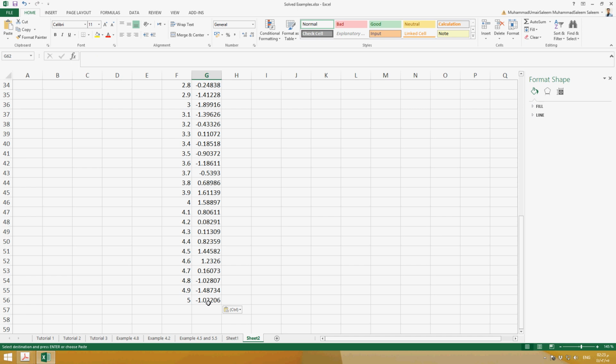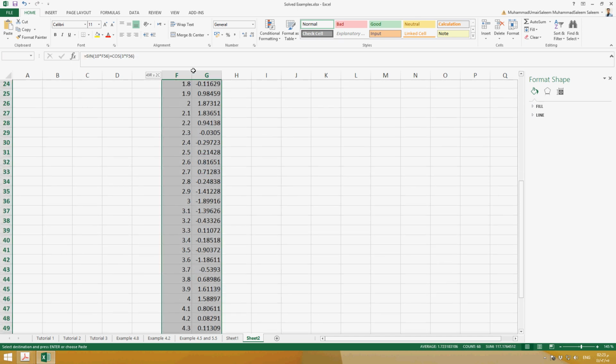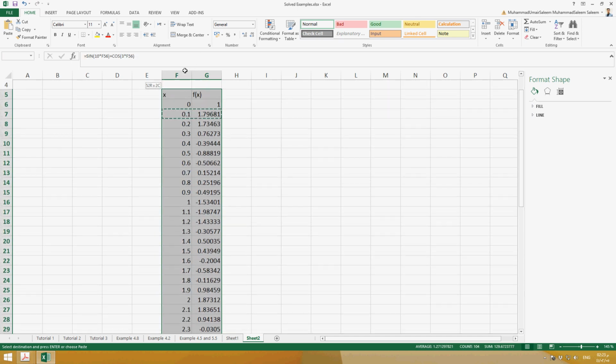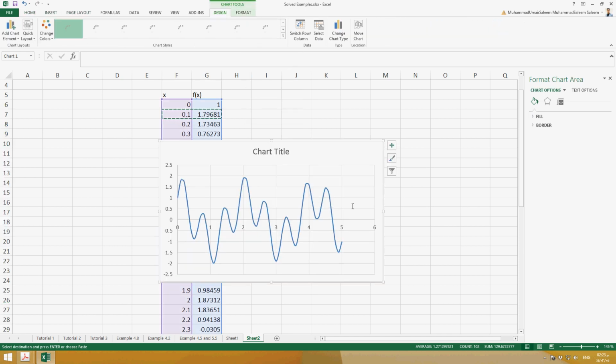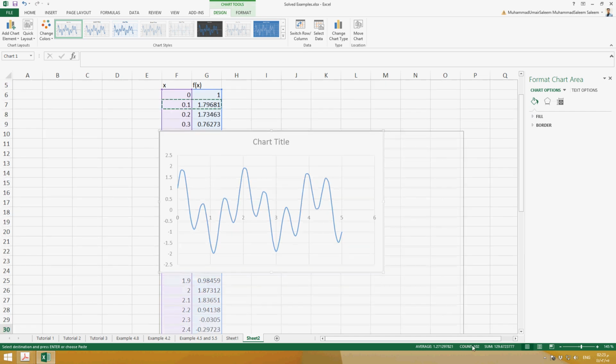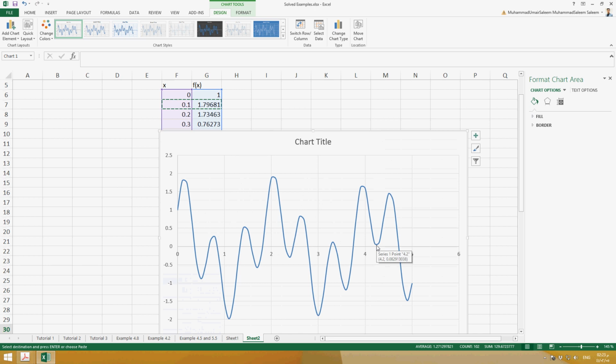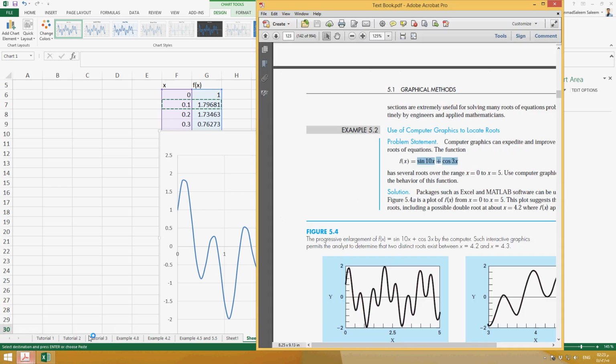Yeah, so here if I plot these values on the x and y axis, this is the function, and here, this is the important point: the function is not touching the x-axis, and the other behavior is pretty similar to the behavior shown in the book.